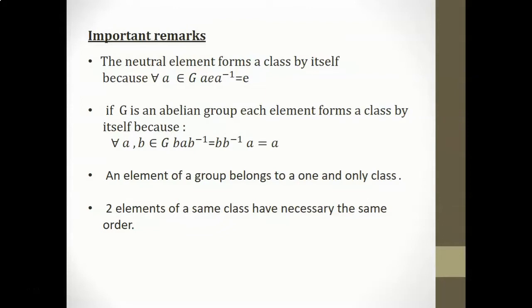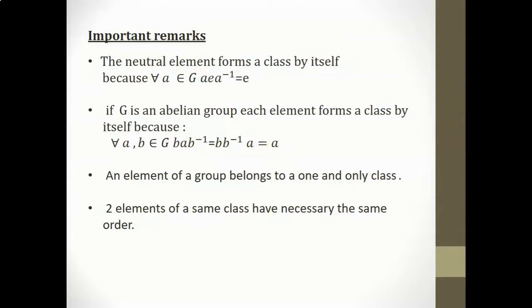This means that the only conjugated element of the element E is E itself, because no matter what A belongs to G, A E A minus 1 is equal to E. Similarly, if G is an abelian group, each element forms a class by itself, because no matter what A, B belong to G, B A B minus 1 is equal to A. This means that the only conjugated element of the element A is the element A itself.